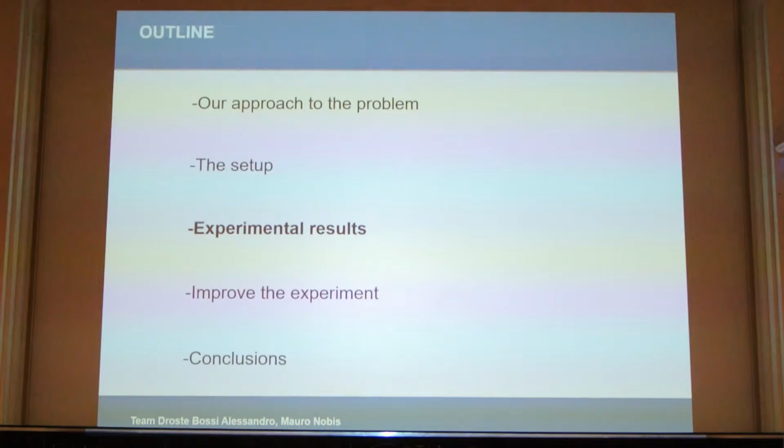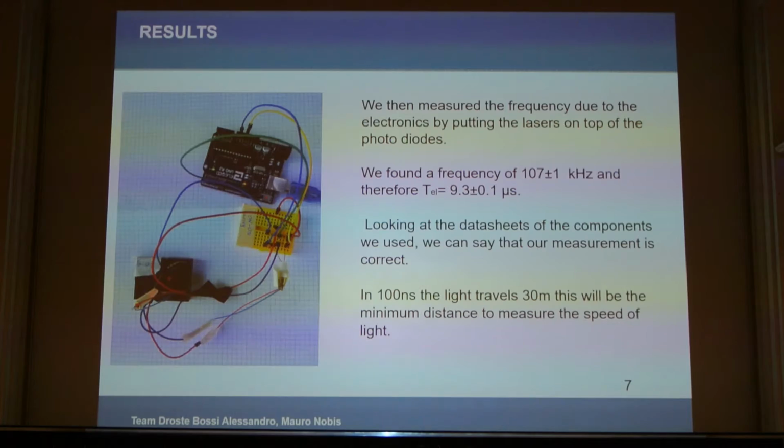So now the experimental results. We first measured the delay of the electronics by putting the lasers on top of the photodiodes. We found a frequency of 107 plus or minus 1 kHz and a corresponding delay of the two electronics of 9.3 plus or minus 0.1 microseconds.